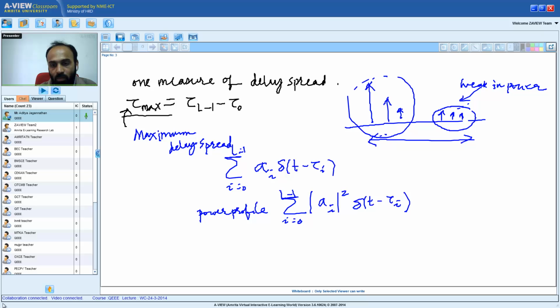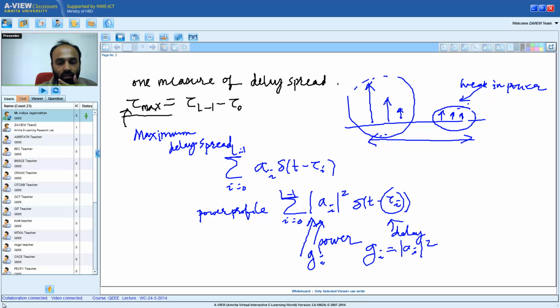This is not an impulse response, by the way. This is simply a power profile. This is magnitude a_i squared, the power at delay tau i. And we said we can also denote this magnitude a_i squared by g_i. So I am denoting g_i equals magnitude a_i squared.